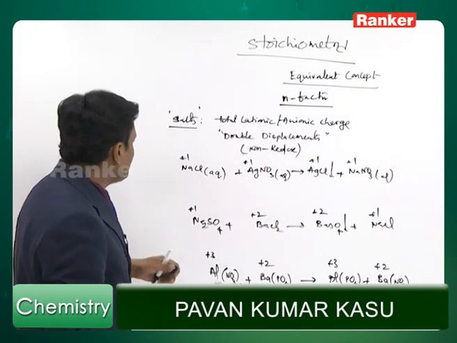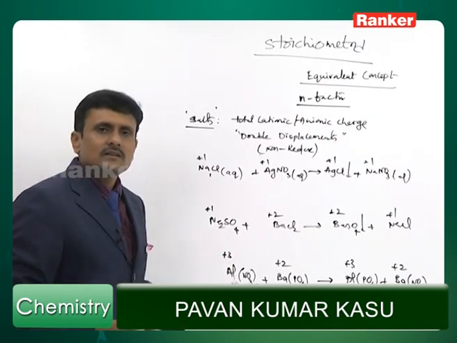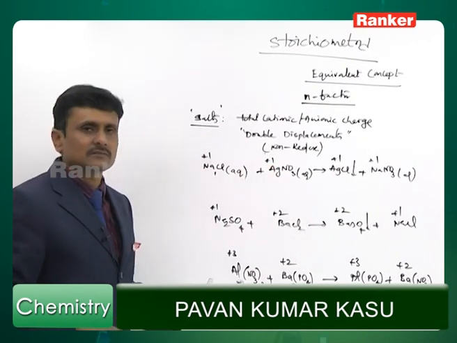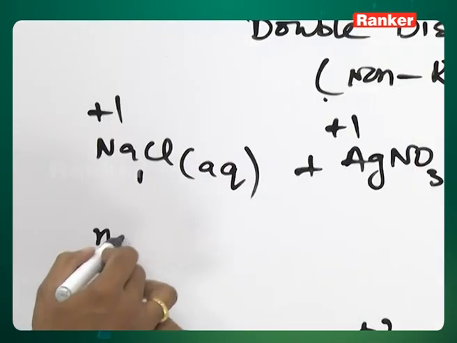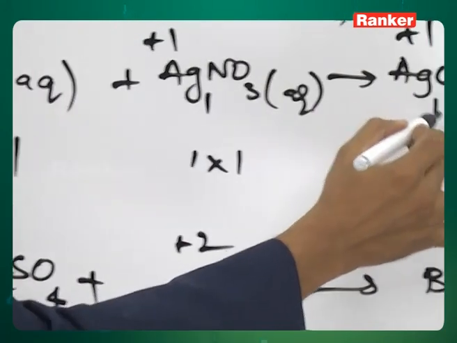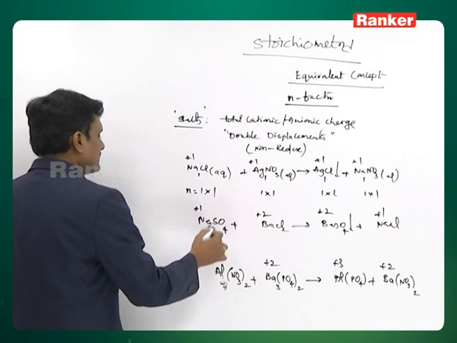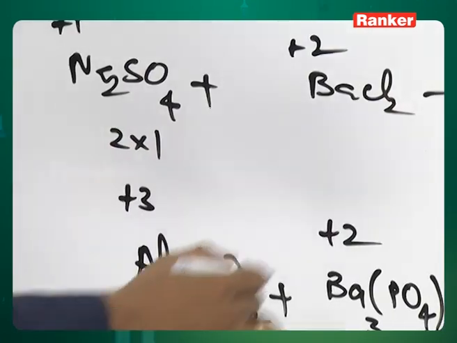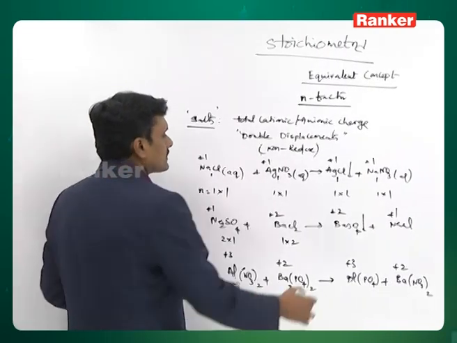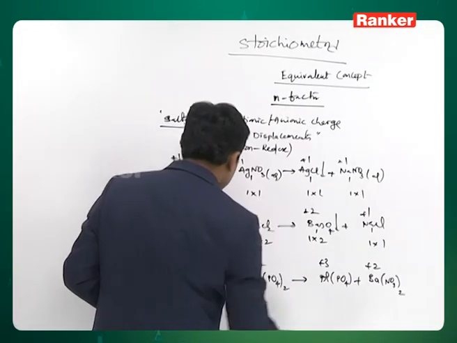So, now the n factor of the salt is the total cationic charge equal to the anionic charge, because they have taken the neutral salts. So, n factor is, there is one sodium and charge of each is 1. So, likewise 1 silver, 1 sodium, and here 2 sodium, 1 barium, each carrying 2 units charge, 1 barium 2 unit positive charge, 1 unit positive charge.